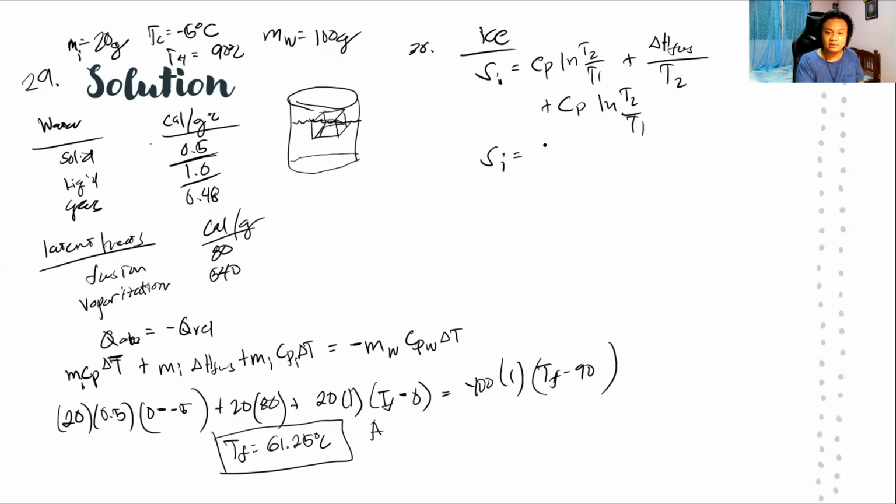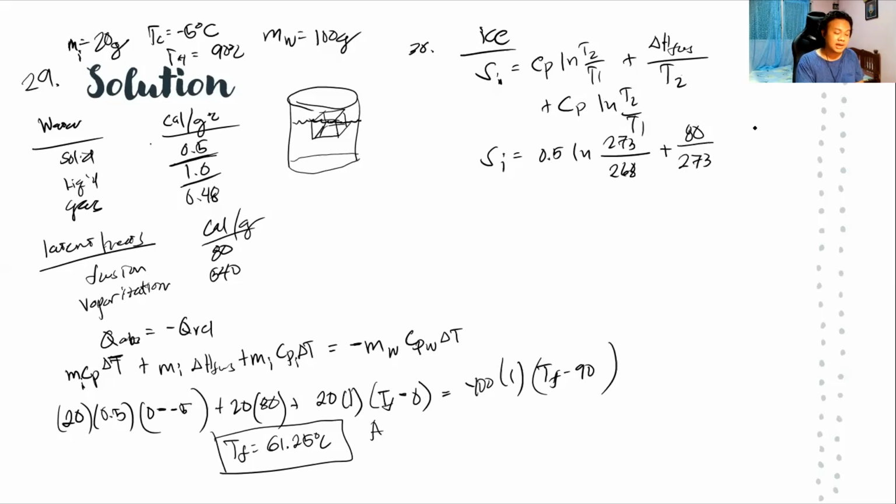So Si, this is the ice, but Cp of ice is 0.5, di ba? Then ln, we have to use the Kelvin now. So T2, which is 0 degrees here, is equal to 273 Kelvin. And then T1, which is the negative 5, you can get 268, di ba? Then h-fuse is equal to 80, and then divided by the T2.